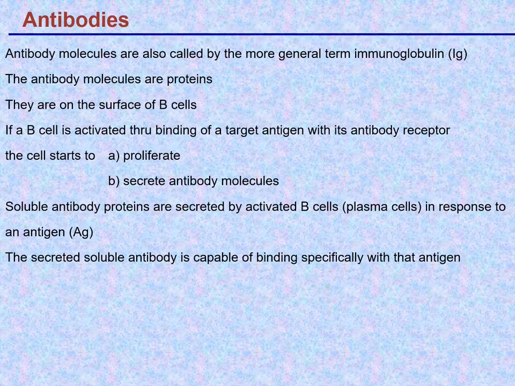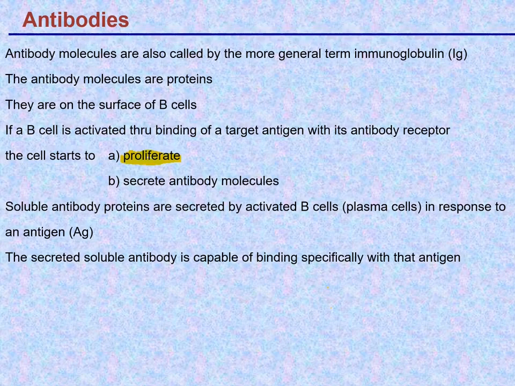Two key things happen. It starts to proliferate. In other words, it starts to multiply. So the cells divide into two daughter cells, and then the two daughter cells, etc. And each division of a B cell would be roughly, say, 12 or 14 hours, 16 hours at the most.